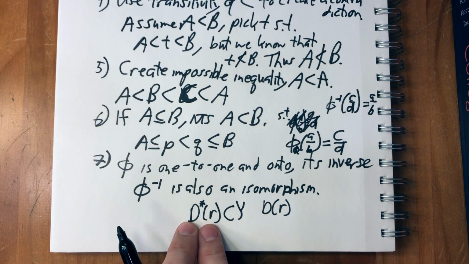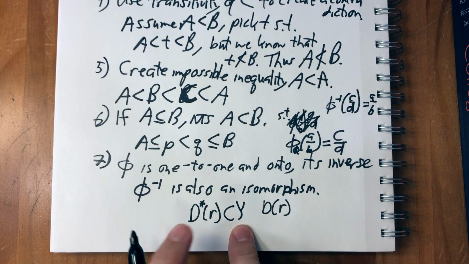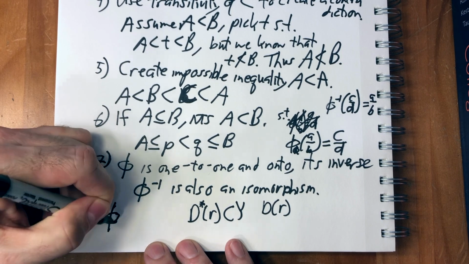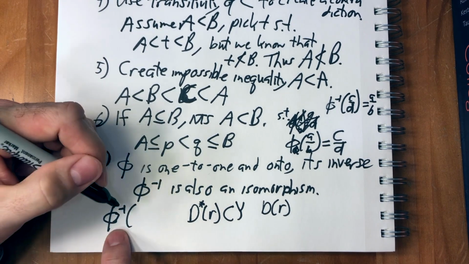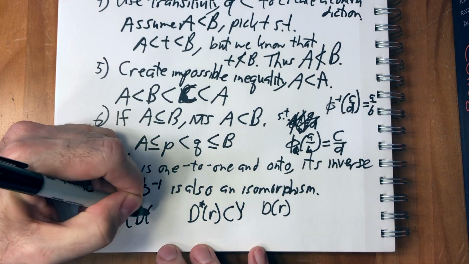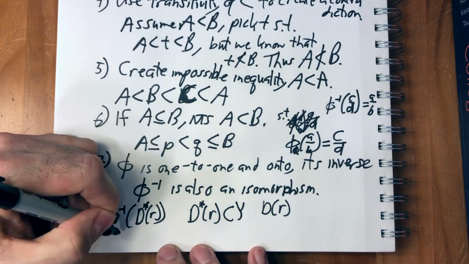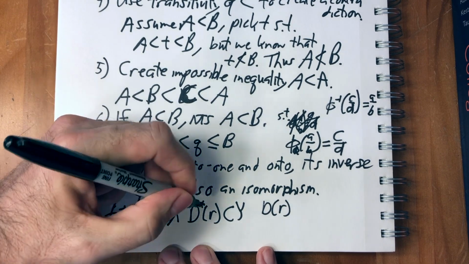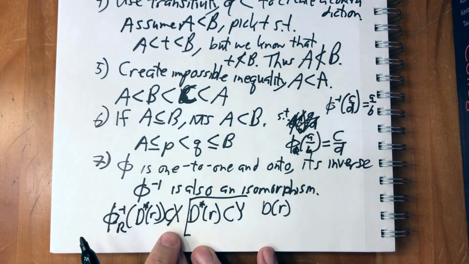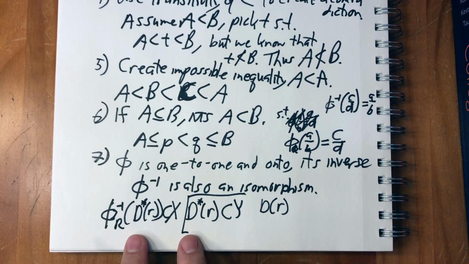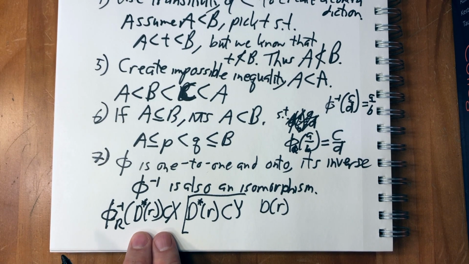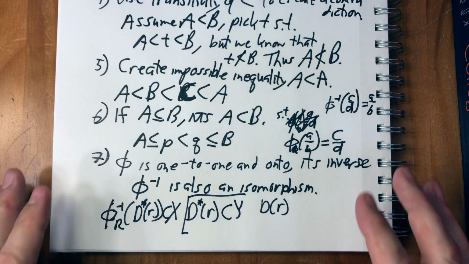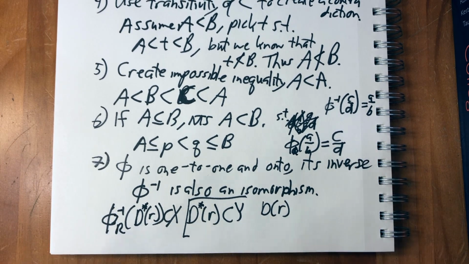So if this is the set in y, then we'll talk about the inverse of phi of it, which would be a subset of x. Again, the notation is getting very confusing. We'll just have to go slow and hopefully it'll get more comfortable.